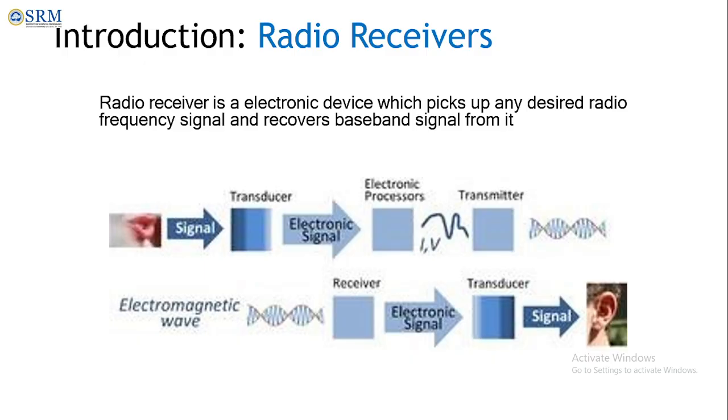In this diagram, the input is an audio signal, which is converted to an electrical signal by a transducer. It is transmitted by the transmitting antenna, which converts it into electromagnetic waves transmitted in free space. In the receiving section, we pick up the electromagnetic signal and convert it to an electrical signal, which is received by the receiving device, recovering the original baseband signal. This is the function of the radio receiver.